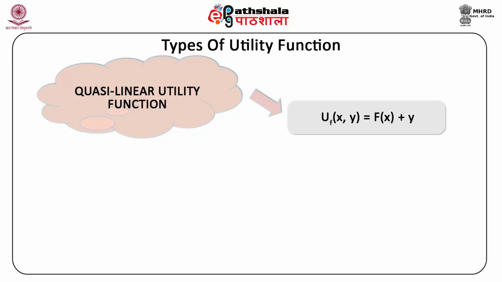The function UF x comma y is linear in y. In these functions, the utility function is linear in one good, but possibly non-linear in another. Hence the name quasi-linear utility, which means partly linear utility.